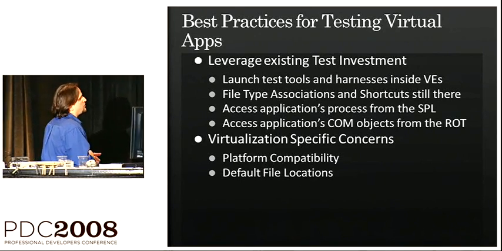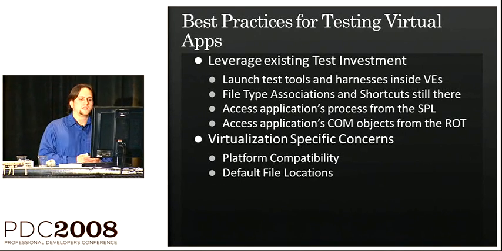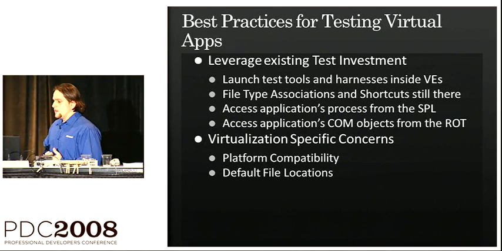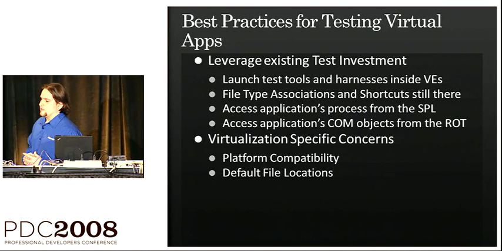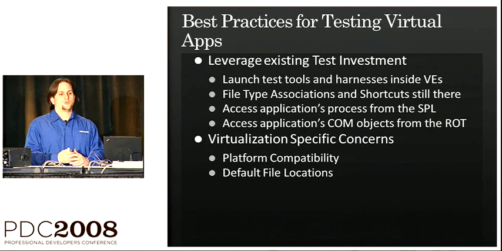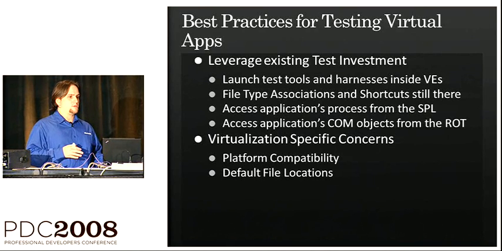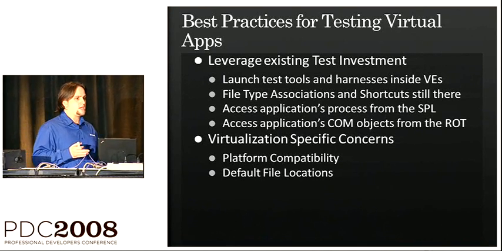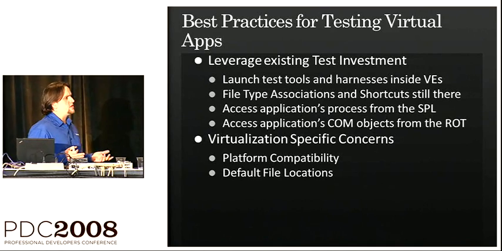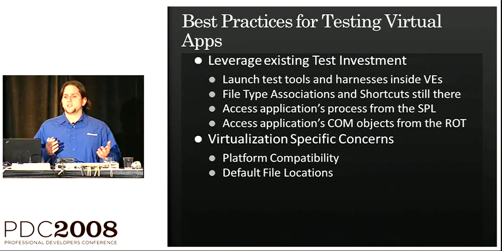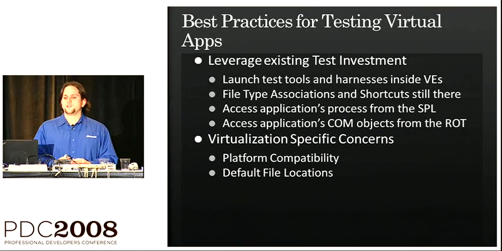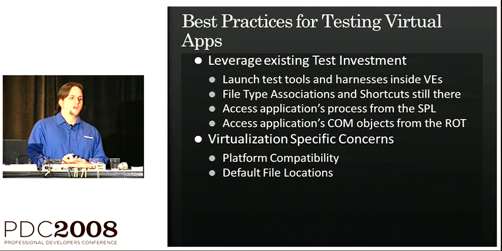Default file locations are also something to consider. As we were talking about earlier, virtual applications will have a virtual file system in which they lay down all the files that they need at installation. And as John mentioned, these files can change when new binaries are streamed down from the servers to the users when they're launching applications.